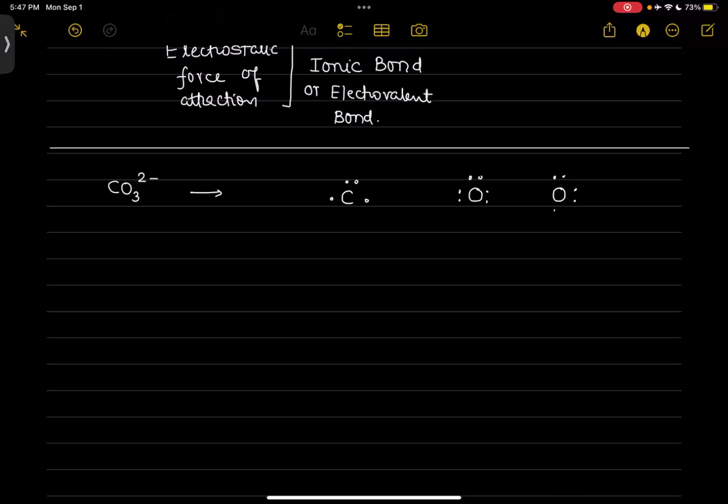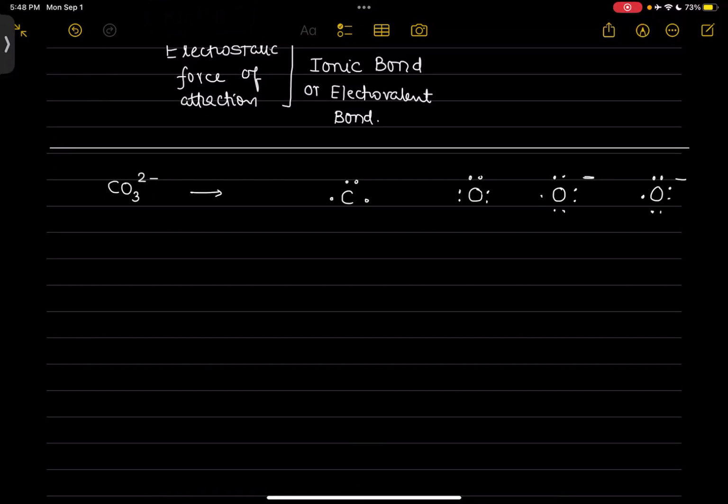Is it clear? Yes. This is O minus and this is O minus. Are you getting my point or not? Yes. So I have taken 2 O minus and 1 oxygen atom. And how did I get the idea? Because of the charge, right?